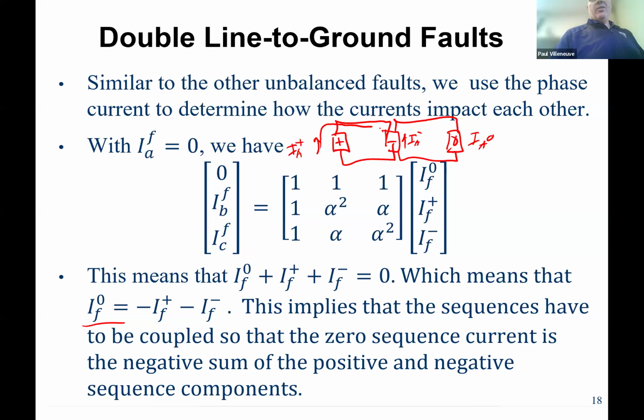This current goes through here, but then comes back and goes through here, and it adds with that, right? So doesn't putting the three in parallel meet that requirement that IF 0 is equal to the negative sum of the positive and the negative sequence current? No? Yes?